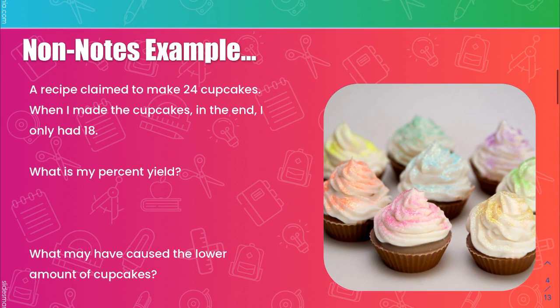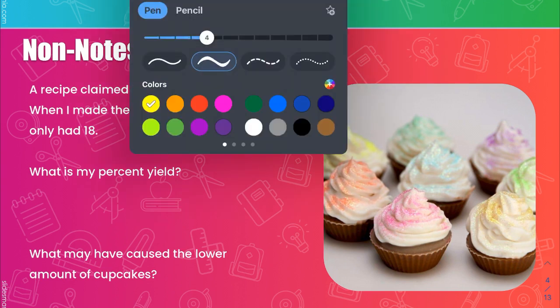So here's a non-notes example. I love this because I love baking. A recipe claims to make 24 cupcakes. Great. I followed the recipe, but when I made the cupcakes, in the end I only had 18. Like, I'm done making cupcakes. Here they are. I only have 18. So what is my percent yield?